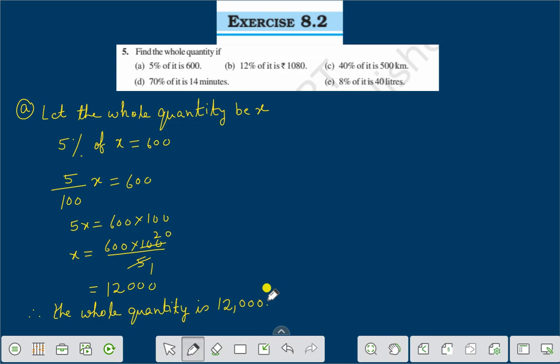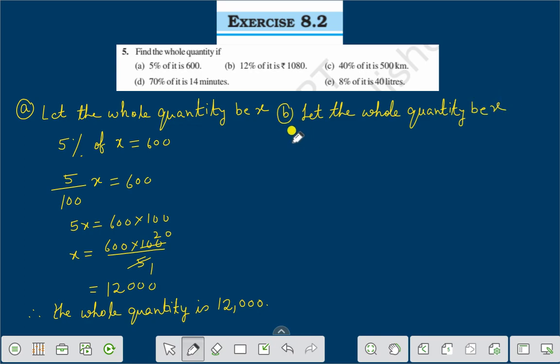Now question B: 12% of it is rupees 1080. Let the whole quantity be x.